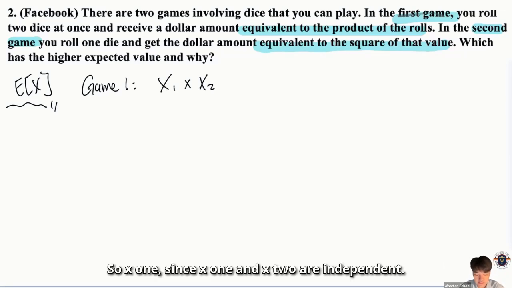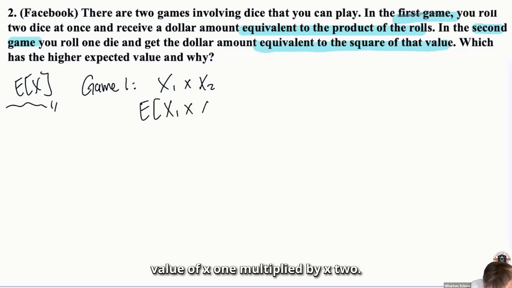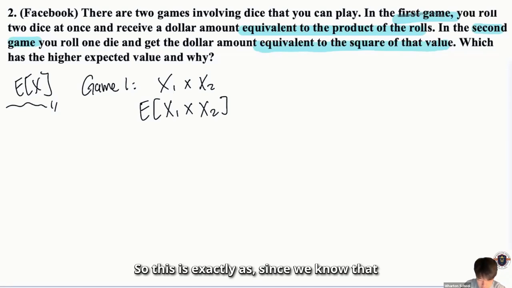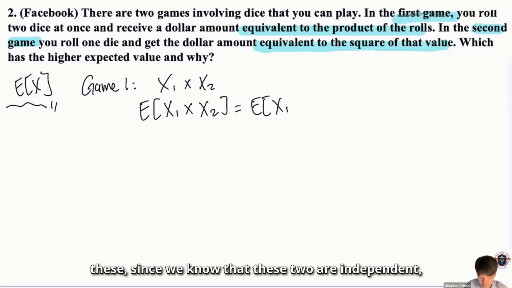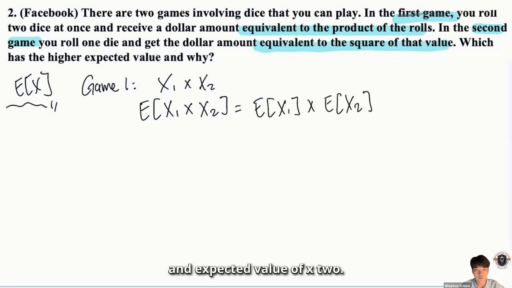Since x1 and x2 are independent, they're not dependent on each other, the expected value of the product is simply the expected value of x1 multiplied by the expected value of x2. Since we know that these two are independent, you can split it.